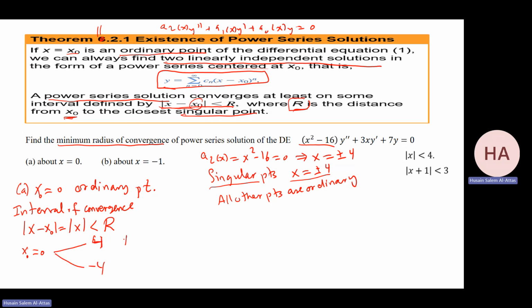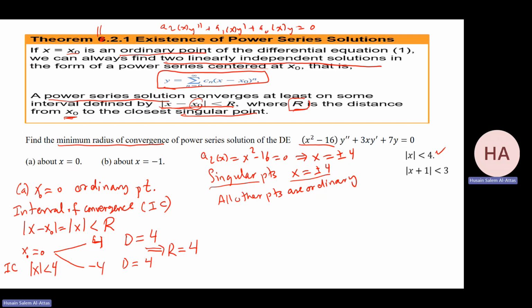The distance from 4 to 0 is 4. The distance here will be 4. So what is the closest? They are the same, so R equals 4. So what's the interval of convergence, let me call it IC? The interval of convergence will be the absolute value of x less than 4.